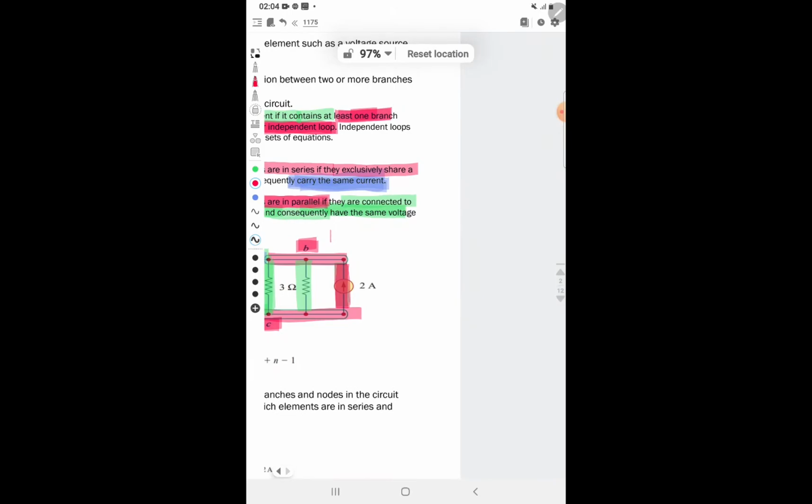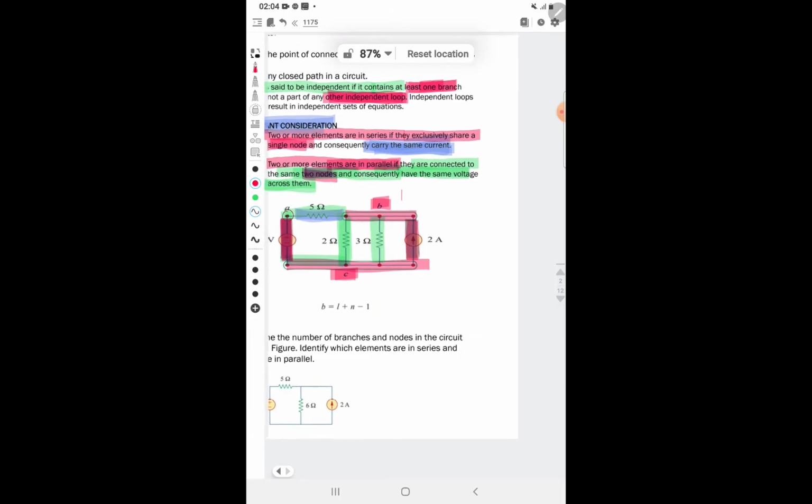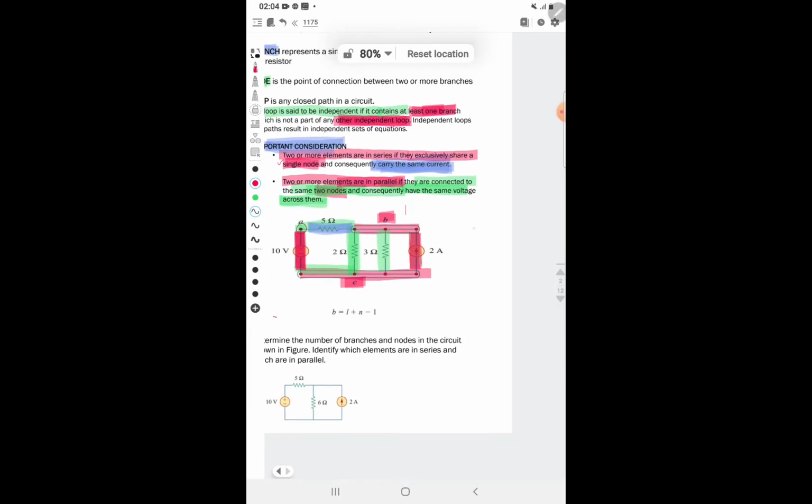Probably, in our case, we can redraw this circuit into this. Let's say this is our 10 volts. This is our node A. This is our node C. In our node A, we have our 10 volts, positive, negative.